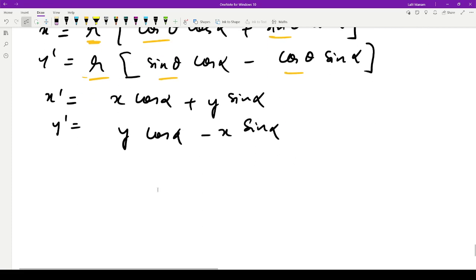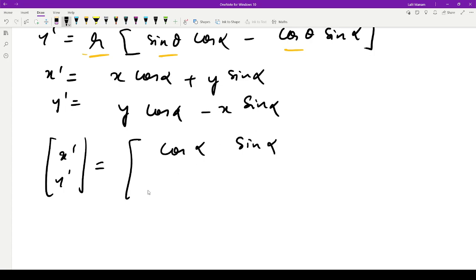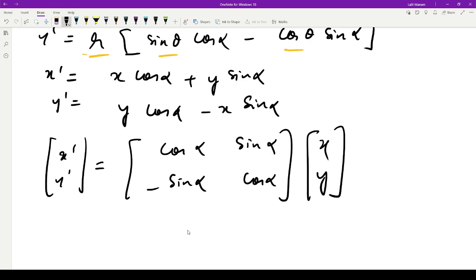So I can write the whole thing in short as [x prime, y prime] equals the matrix [cos alpha, sin alpha; minus sin alpha, cos alpha] times [x, y]. Do you agree with this?